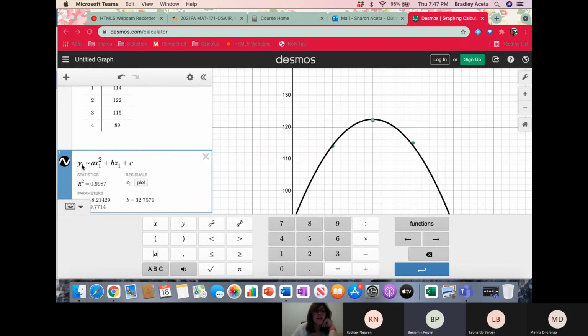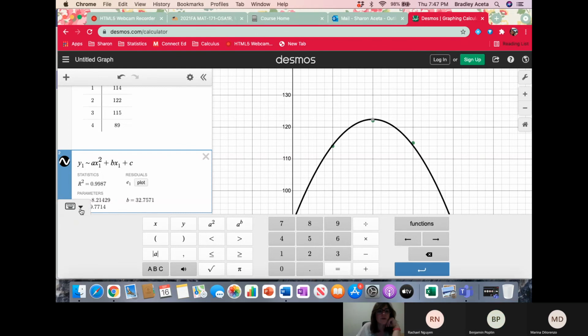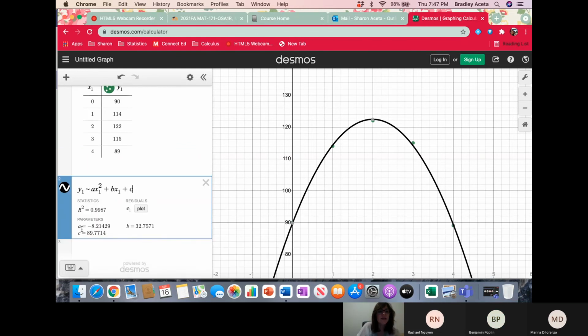Look, all I typed was Y, and then you type 1, and it actually recognizes it as a subscript. Then you type the squiggle thing that's next to the number 1 on your keyboard. And then it starts giving you all this stuff right here. Look, it has the A, the B, the C right there. Okay, gotcha.